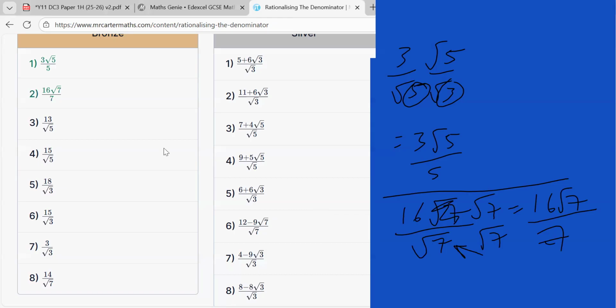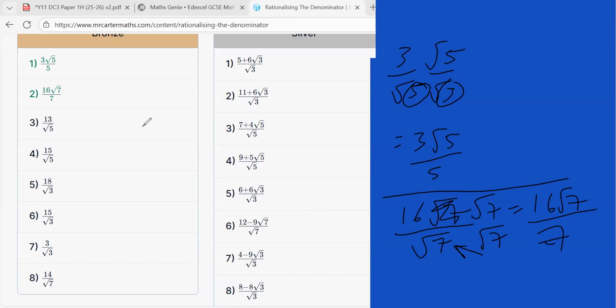Right, next person is Isa. Isa, do you have an answer? Oh, yes. Can you explain your answer, please? My answer is 13 square root 5 over 5. You do 13 over square root 5, which is equal to 13 times square root 5 over square root 5 times square root 5.